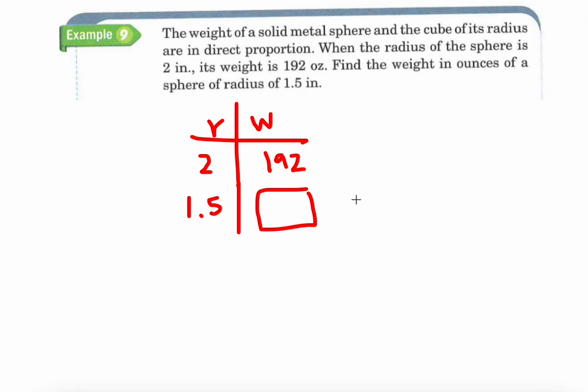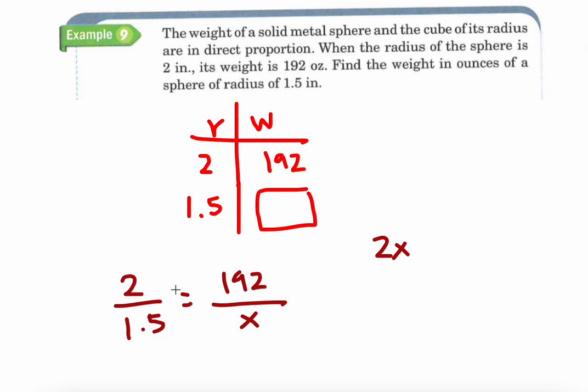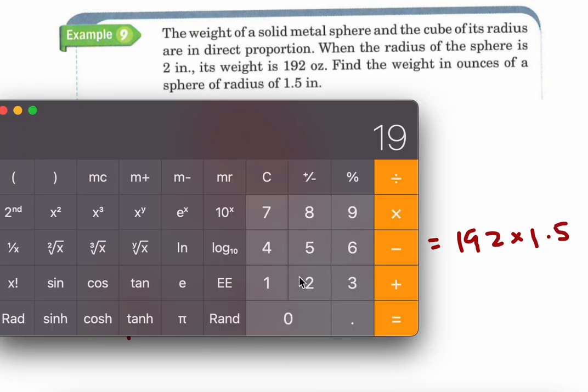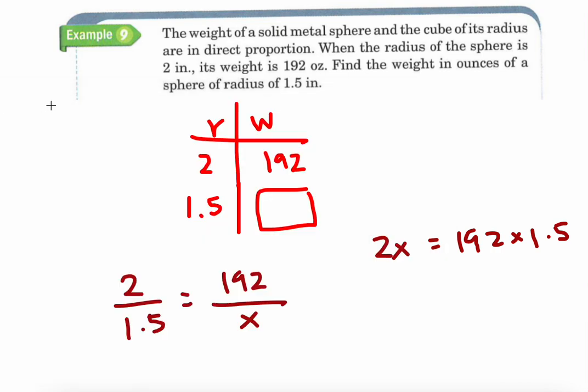Okay. So remember, the first method is you can use your proportions to set this up. 2 over 1.5 equals 192 over x. And then we're going to cross multiply. So 2 times x going across equals 192 times 1.5. 192 times 1.5 is equal to 288.